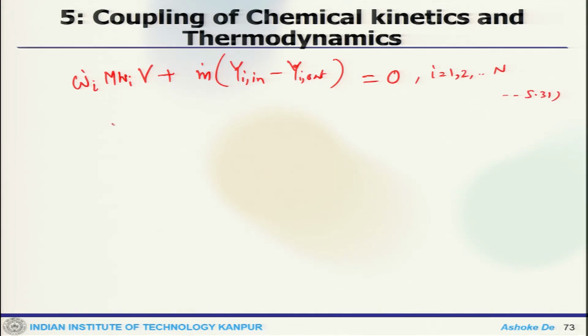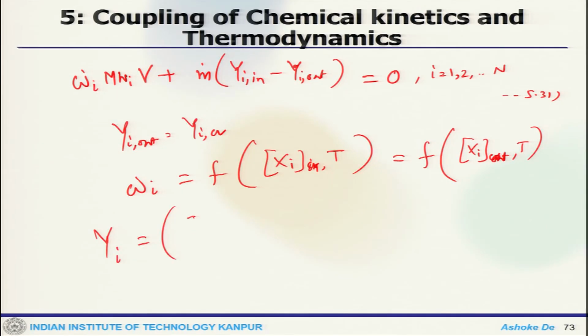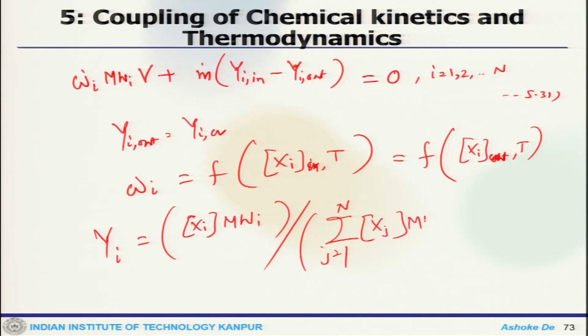Further, y_i out is y_i of the control volume, and species production rate omega dot_i is a function of the constant volume and temperature, which is also a function of the outlet, and this is in and that is out, where from y_i one can get x_i molecular weight_i divided by summation of j from 1 to n x_j molecular weight_j.